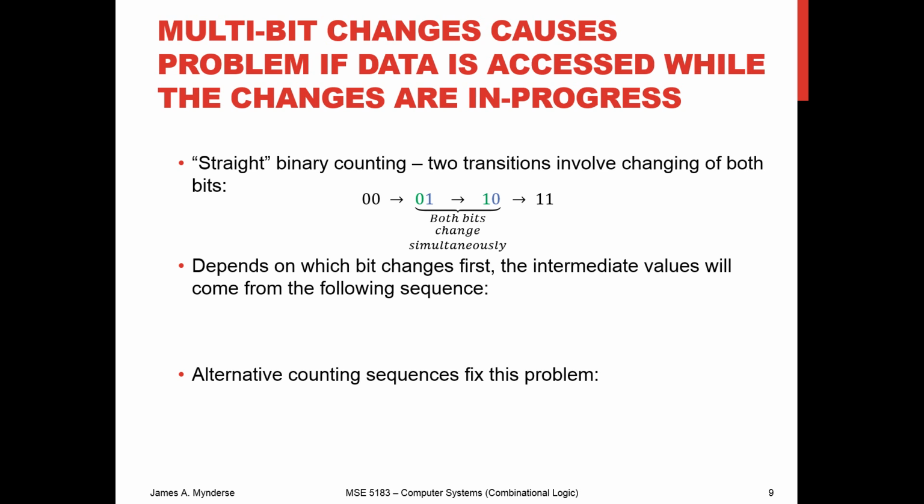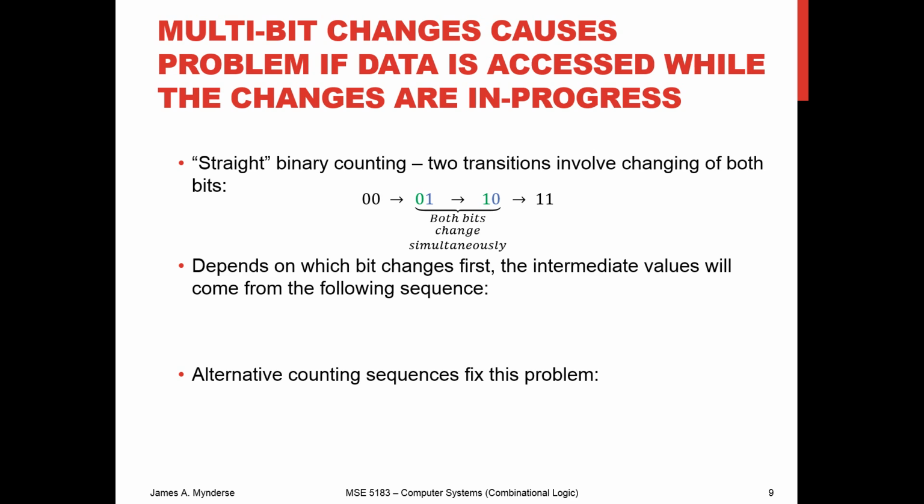For instance, if we're counting from 0 to 1 to 2 to 3 in decimal, that'll be 0, 0, 0, 1, 1, 0, 1, 1.